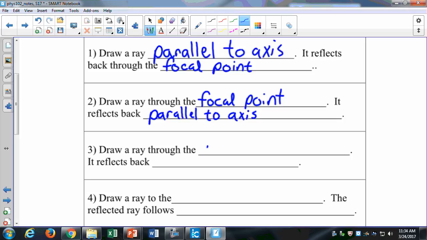We can draw a ray through the center of curvature, and it reflects back on itself.